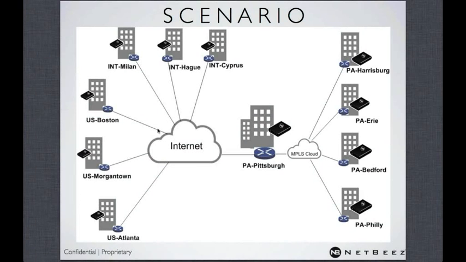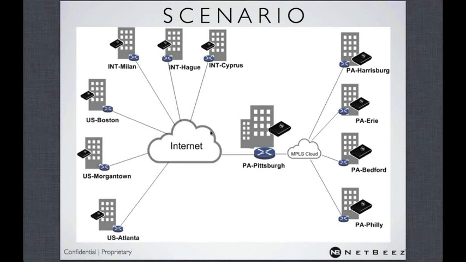And then there are other locations that are international across Western Europe or in the other part of the country that are connected back to the headquarters via the internet across a VPN tunnel. This is really a common practice for many multi-site enterprises, like retail or even healthcare or other types of industry.